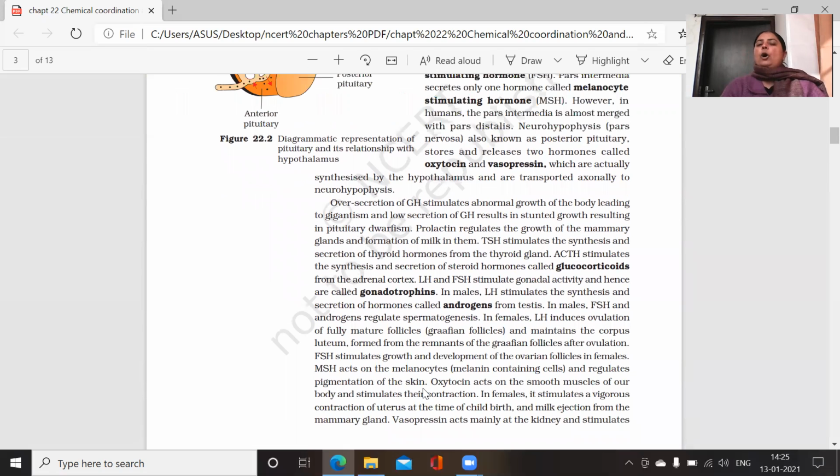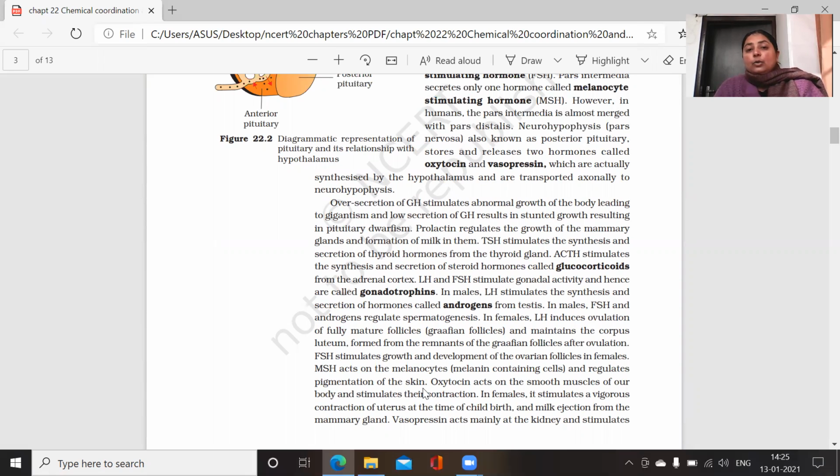If some hormones are secreted in more amount, that is over secretion, it produces certain abnormalities in your body. Over secretion of growth hormone stimulates abnormal growth of your body and leads to a disease known as gigantism.